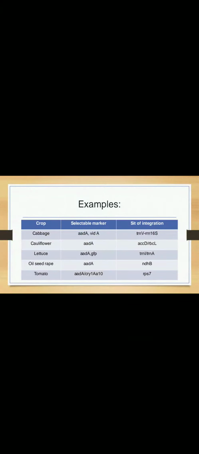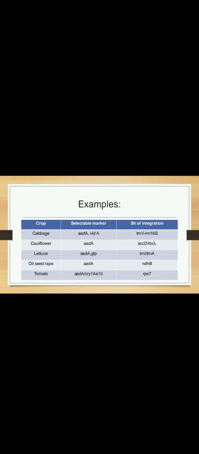If we take the example of cabbage, we are adding the AADA gene, or we can add the VIDA gene, and the site for this AADA gene or VID gene in cabbage is TRN1, TRNV, or RRN16S, or we can insert these genes in cabbage in TRN1 or tRNA or RM2, RRN23S.